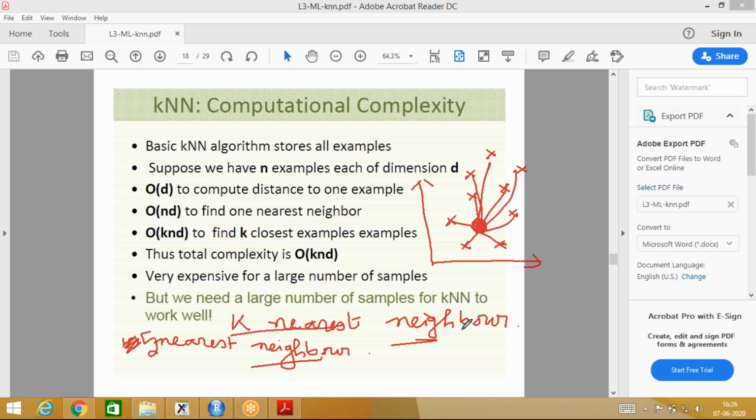So as the k increases, the number of neighbors increases and the number of calculations also increases, which creates a huge problem.